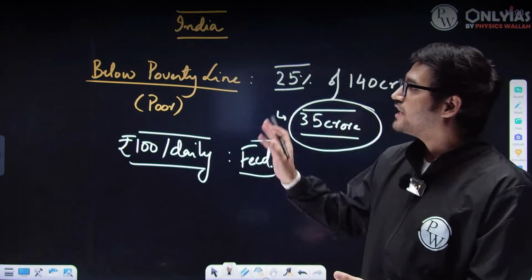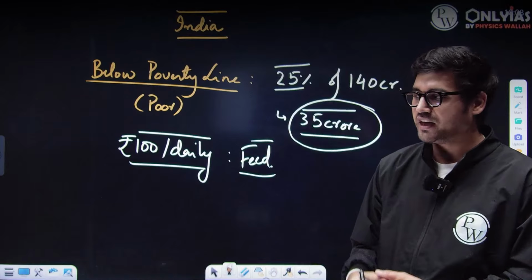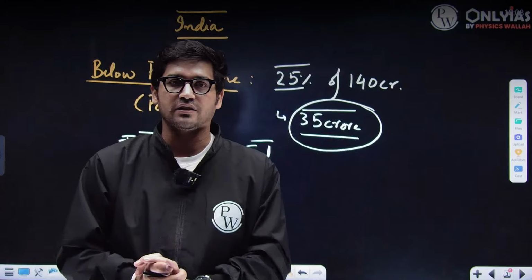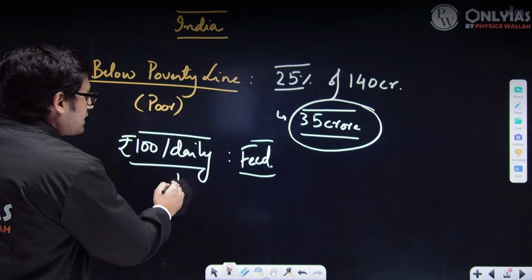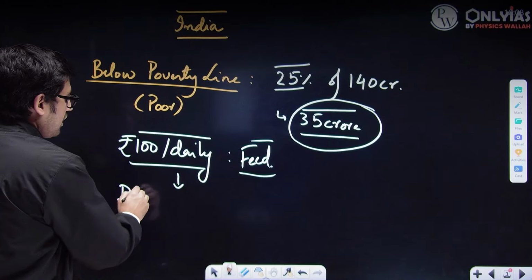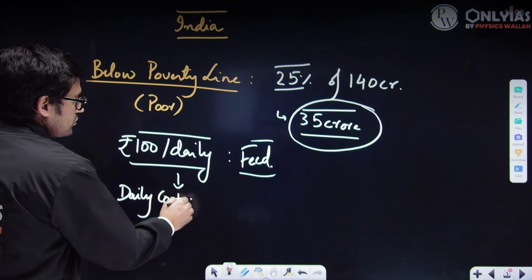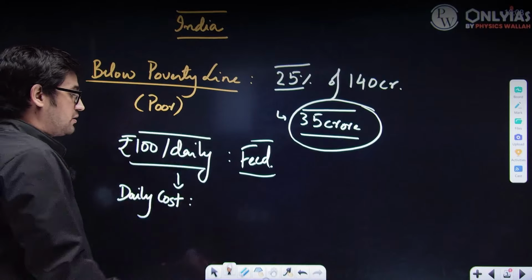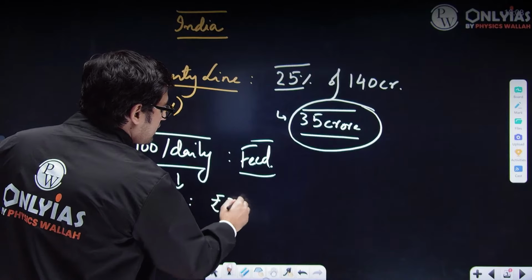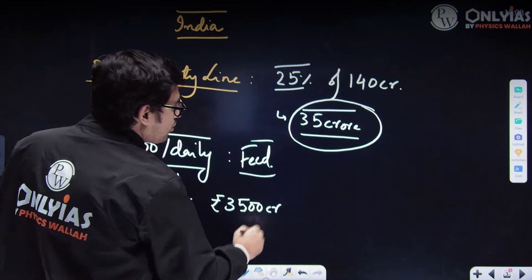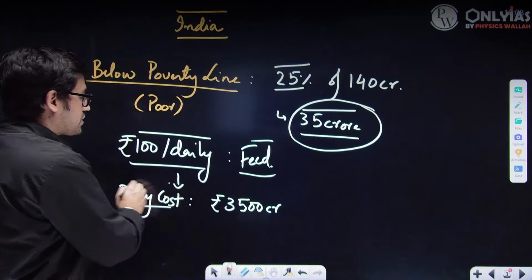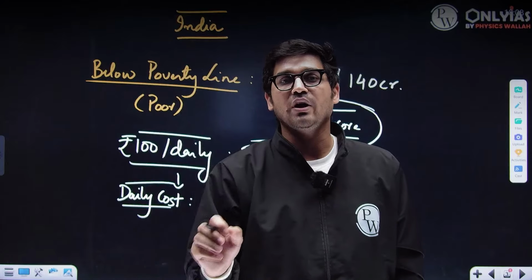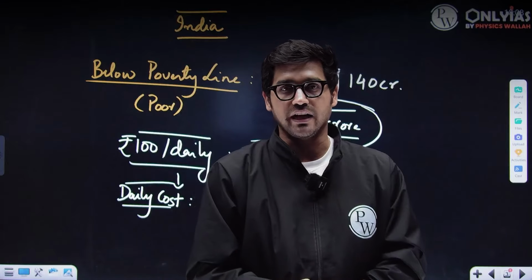But if the Indian government decides to give 100 rupees to every poor person every day, this would mean that the Indian government is bearing a daily cost of how much? 100 rupees per day to 35 crore people. This means 3,500 crore rupees is the daily cost of the Indian government just so the poor people can go and feed themselves at least twice every day.